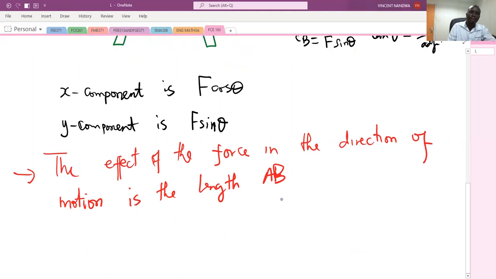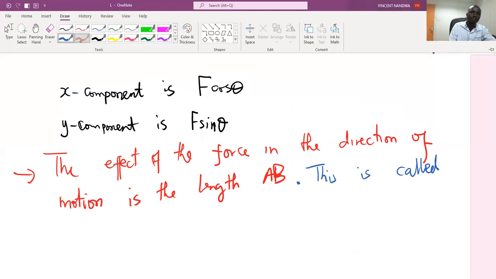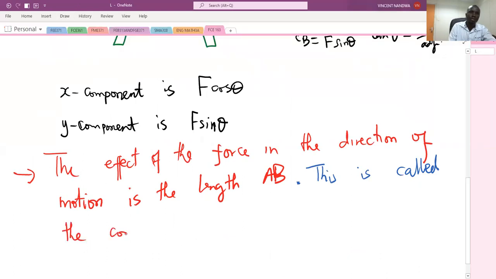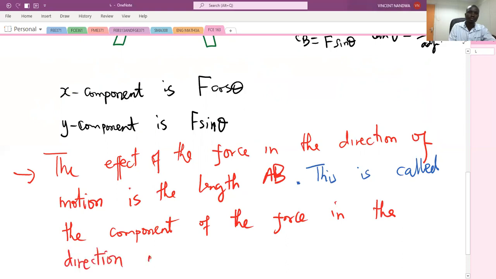And this is called the component of the force in the direction of motion. So that's what we have.